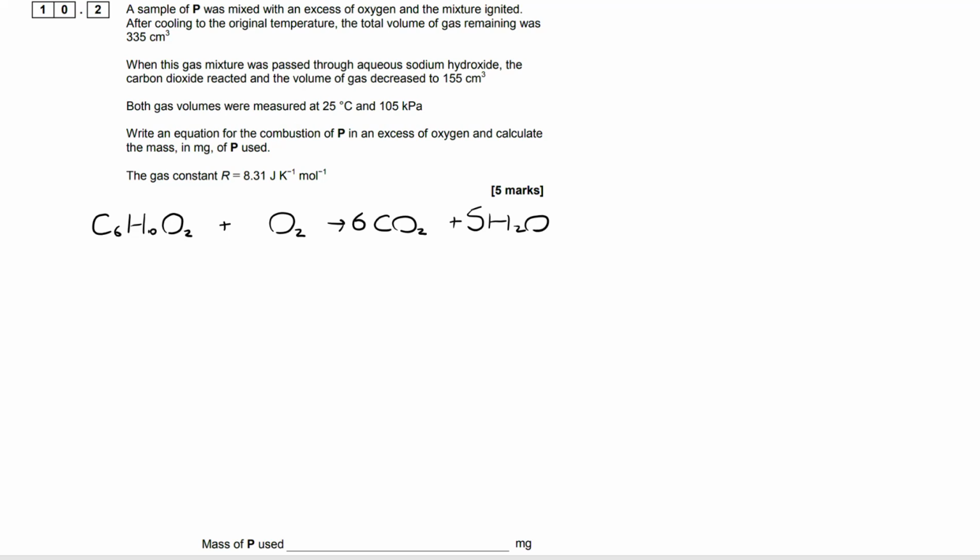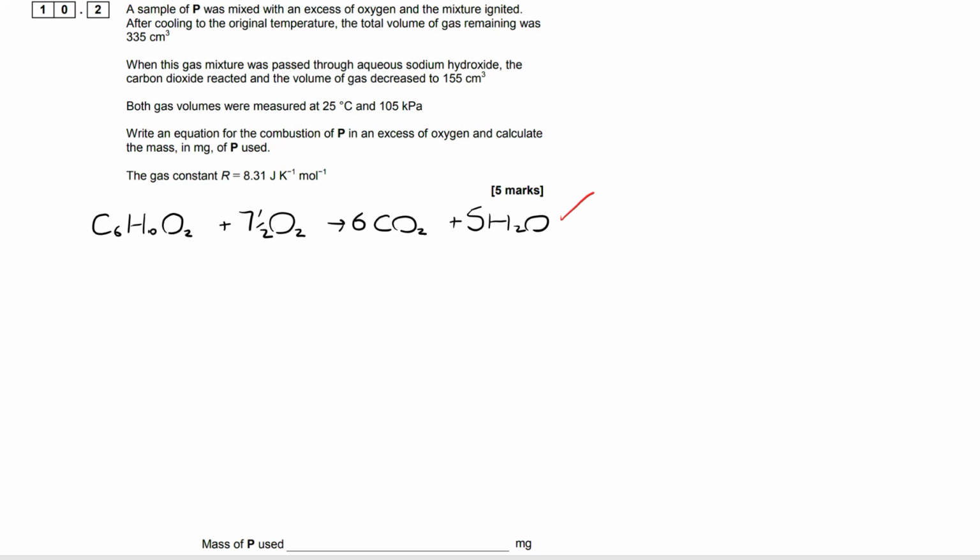I always follow the same pattern when I'm doing combustion of a hydrocarbon. I balance the carbons, then I'll balance the hydrogens, and then I will balance the oxygens. So once I've done that and I get my 7.5 O2, I've got my first mark for that equation.